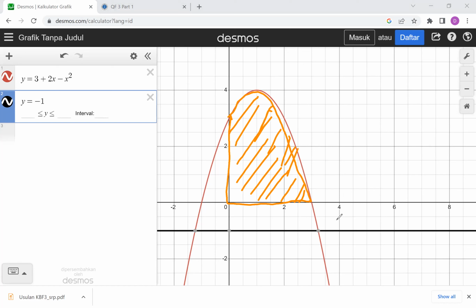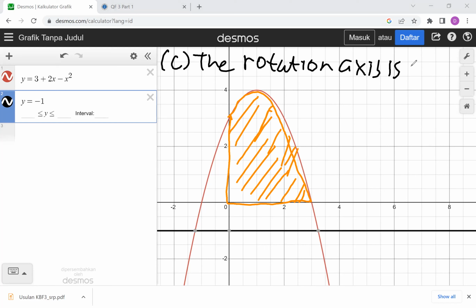Now the rotation axis is y equals -1. So what is the suitable method? The method of washers, right? First I will write the rotation axis: the line y equals -1. So if we consider the method of washers, the same as before, we consider vertical slicing.